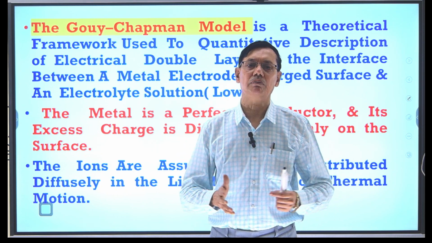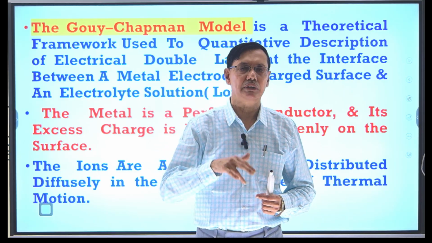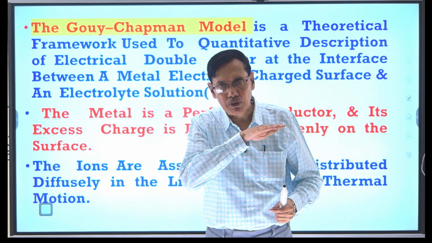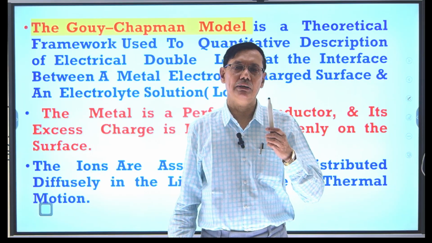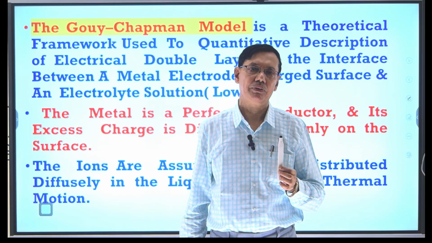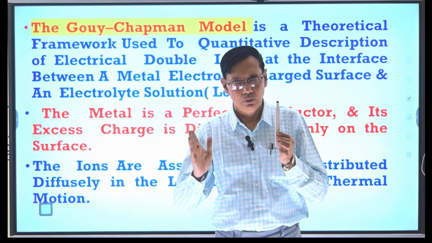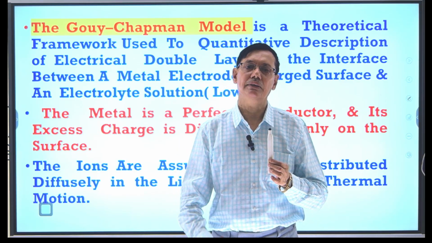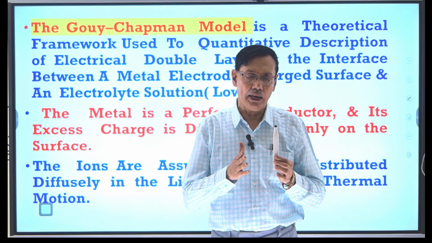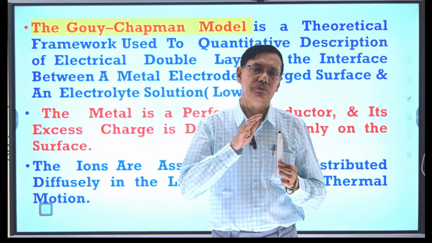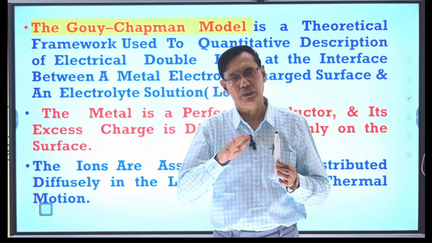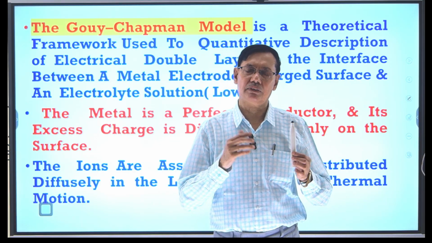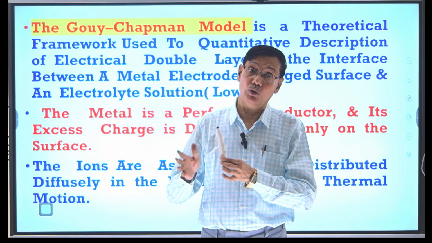Ultimately we will determine the change in electrode potential with respect to distance, because when there is a movement of the ions from the electrode to a particular distance, we calculate that change in potential with respect to distance, x. That parameter can also be calculated.